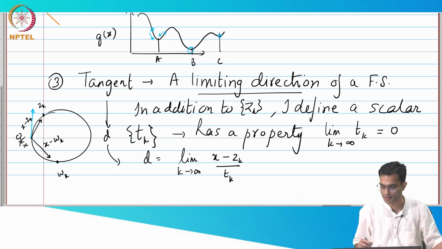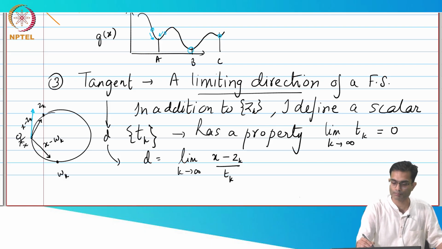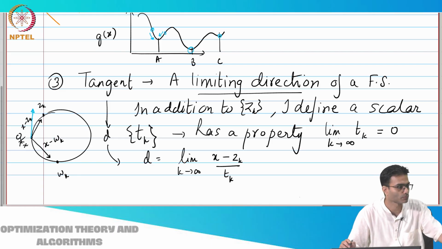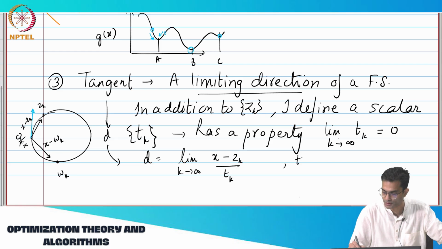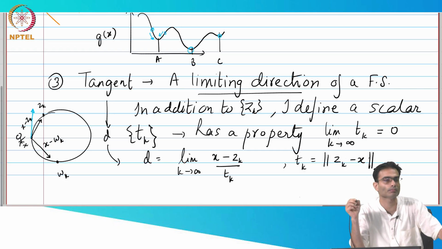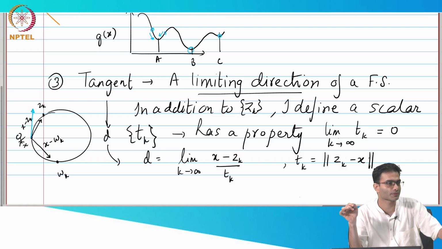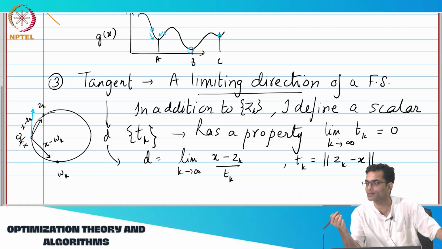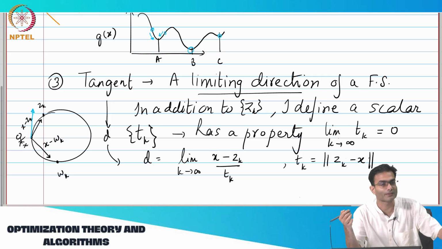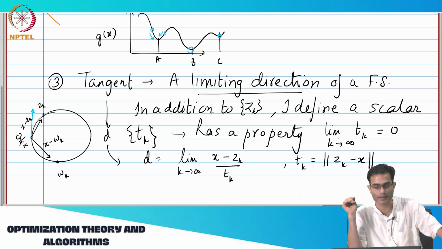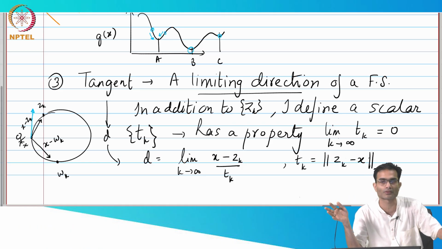Now the question is, what is a good candidate for tk? The first idea that comes to our mind is the 2-norm of x minus zk. This is good enough for our purposes, but as it turns out in the literature, it's not necessary. Supposing I had defined this as the 1-norm or some other p-norm of it, it would still work.